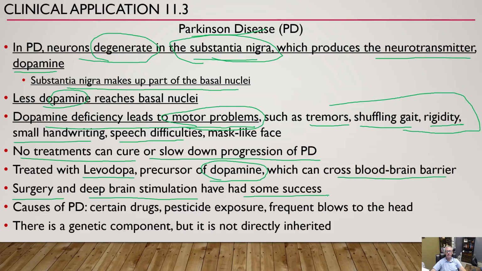But eventually patients will succumb to Parkinson's disease. There is a genetic component to Parkinson's, but it's not directly inherited. But certain drugs and medications, pesticide exposure, and frequent blows to the head can be causes of Parkinson's disease.